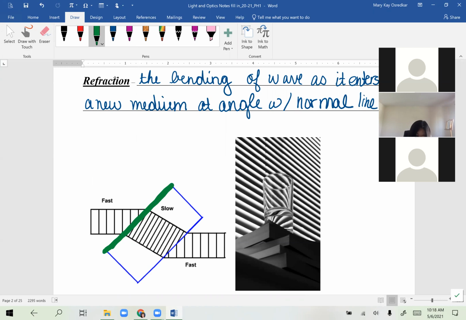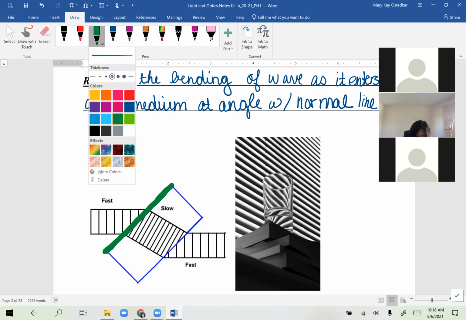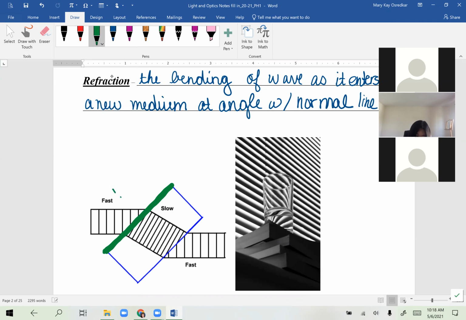So the idea is, in this illustration, there's our barrier, yes? Okay. The normal line would be a line perpendicular to the barrier. This thick. Does that make sense? Okay.